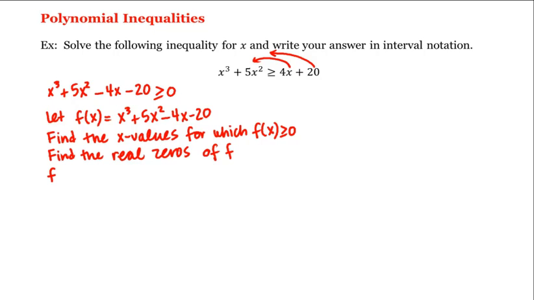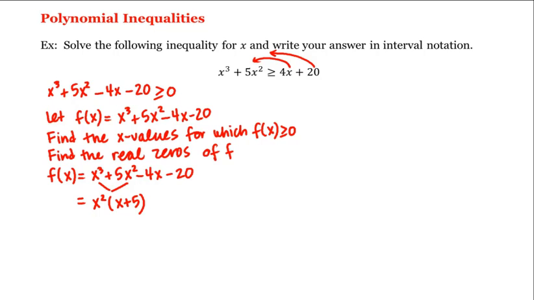That is, we have f of x is equal to x cubed plus 5x squared minus 4x minus 20. And we can factor f by grouping. That is, we can group these first two terms together. They have an x squared in common, which we can factor out, and we'd be left with x plus 5.